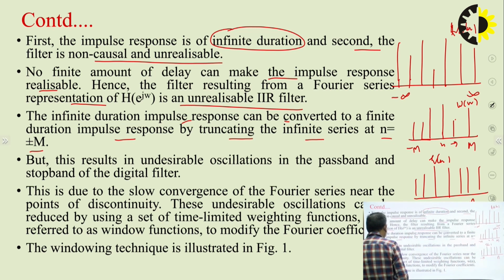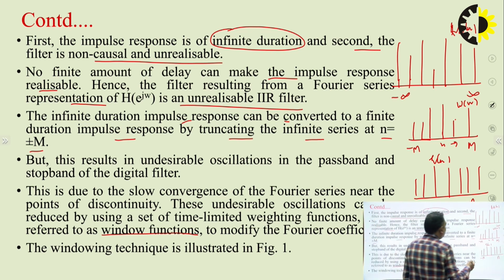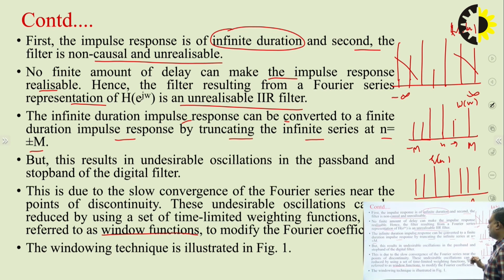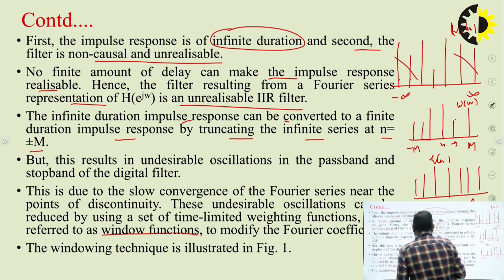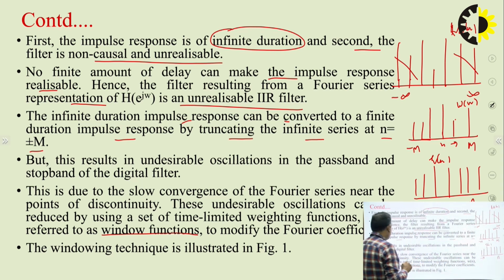These undesirable oscillations can be reduced by using a set of time limited weighing functions, w(n), referred to as window functions. Let's say initially we have not taken any window function and simply truncate these values and these values, then definitely there will be oscillations. But if we choose a window function wherein the values are within a range, and that range is finite, we can modify the Fourier coefficients.